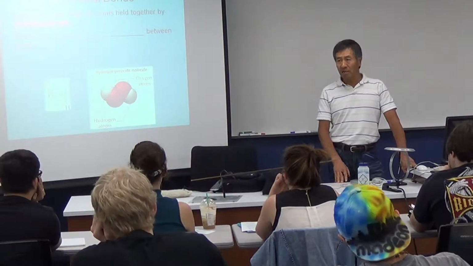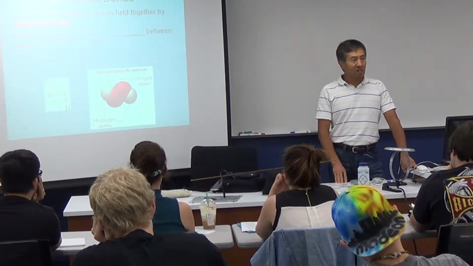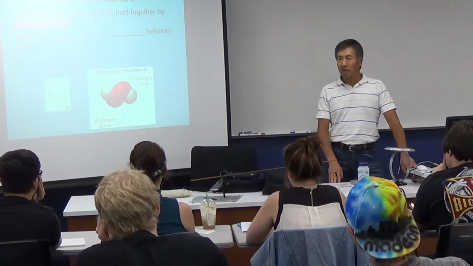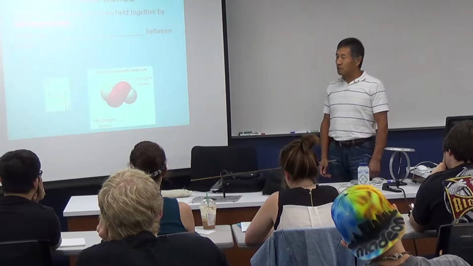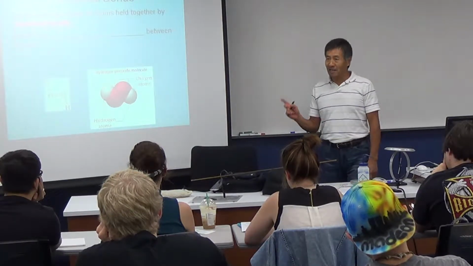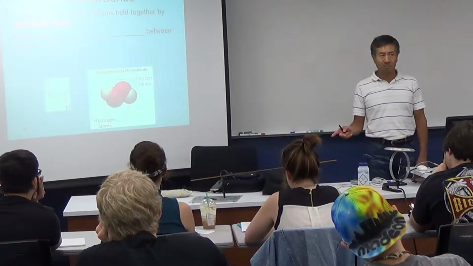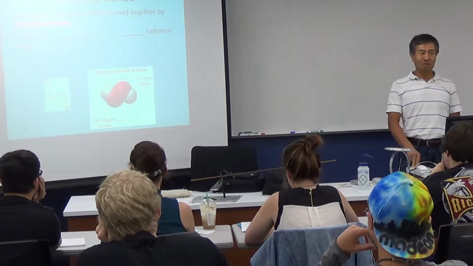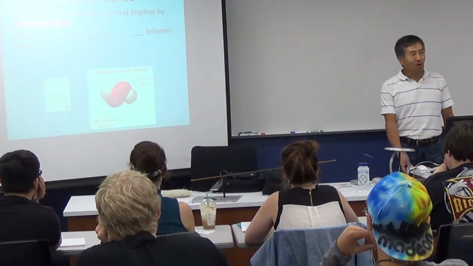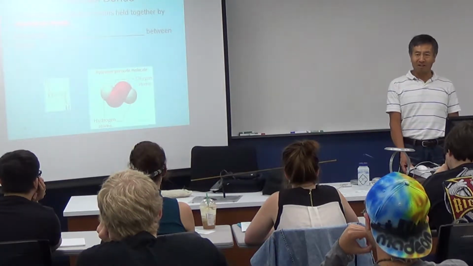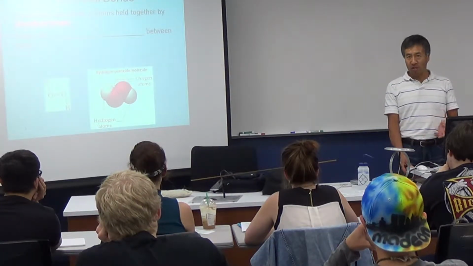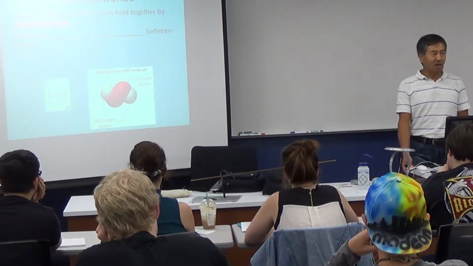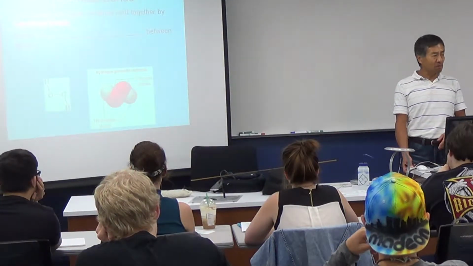Gravitational force is one, electrical force is another one, and strong nuclear force is another one. So you have electrical charge in the atom, because we know from what we studied in chapter 2, in the nucleus we have the positive charge, which is on the protons, and we also have neutrons in the nucleus, but that is neutral.